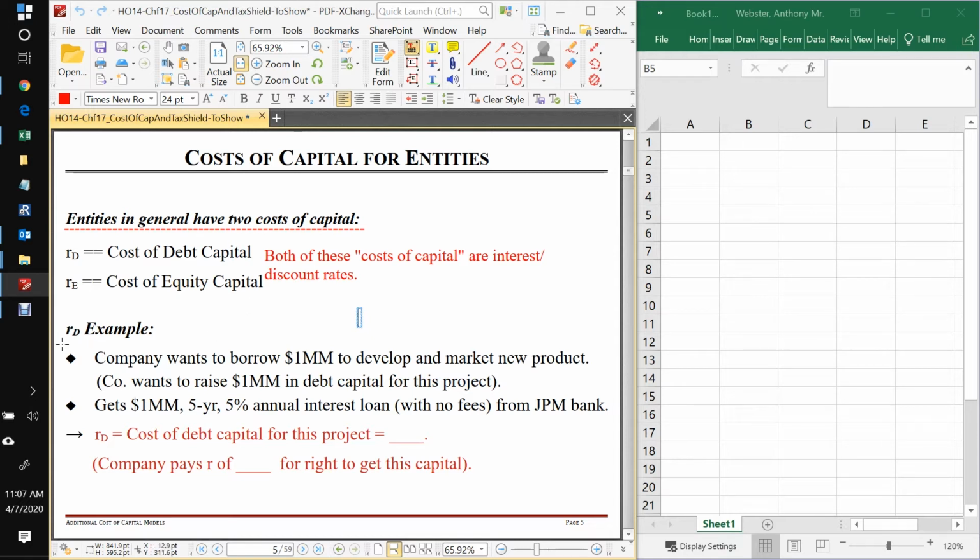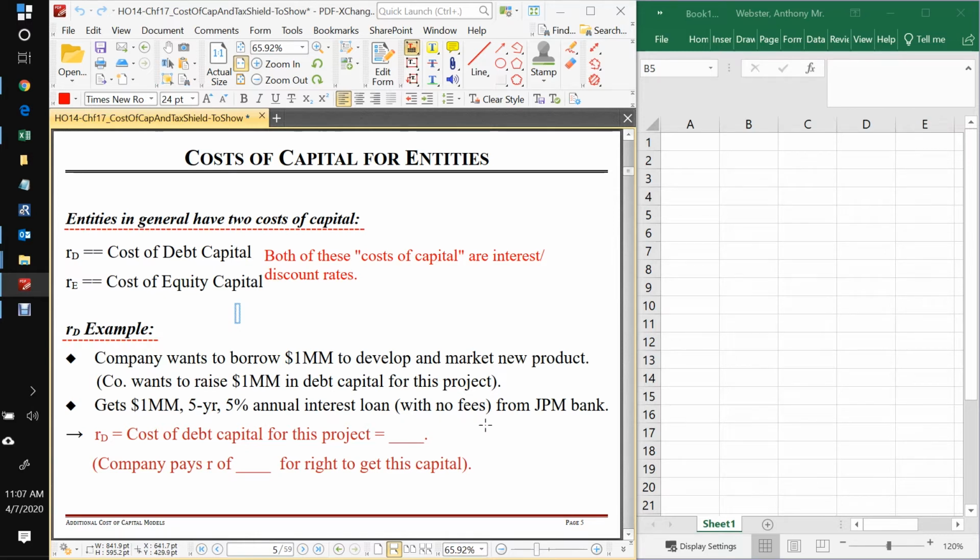So let's look, for example, at what we mean by this in the case of debt for an entity. Let's say we have a company who wants to borrow $1 million to develop and market a new product. Okay, so clearly they want $1 million in debt capital for this project, and they go to JP Morgan Chase and they get a $1 million 5-year 5% interest loan.